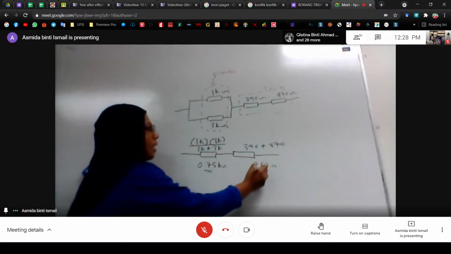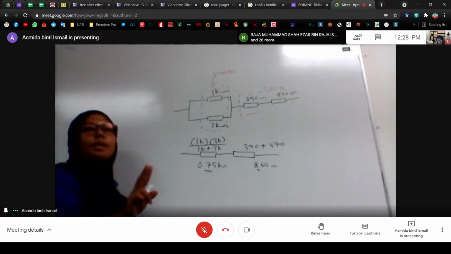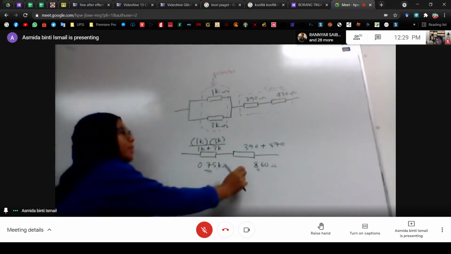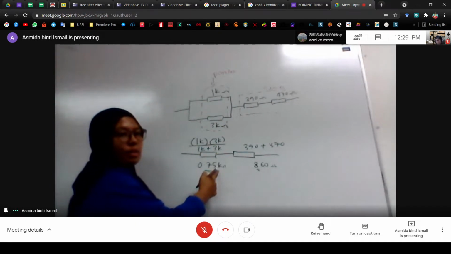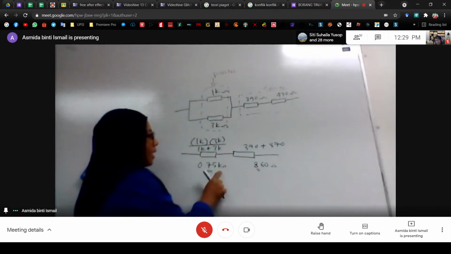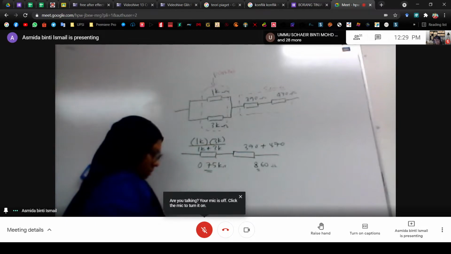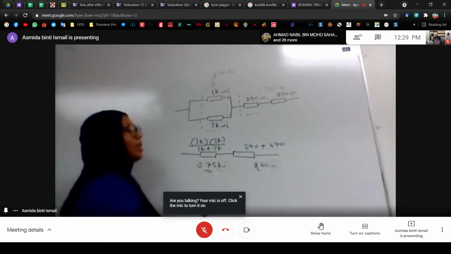Okay. Here and here is a series connection. So you need to sum up these two. So 0.75 is in kilo ohm, and this is in ohm.